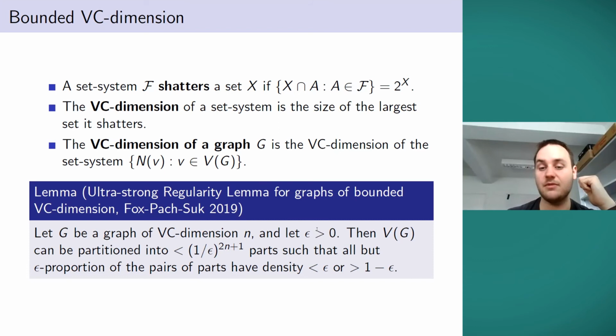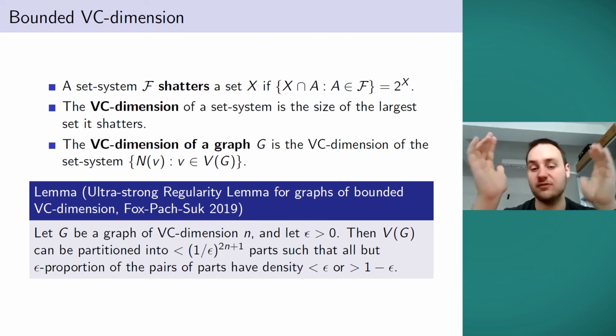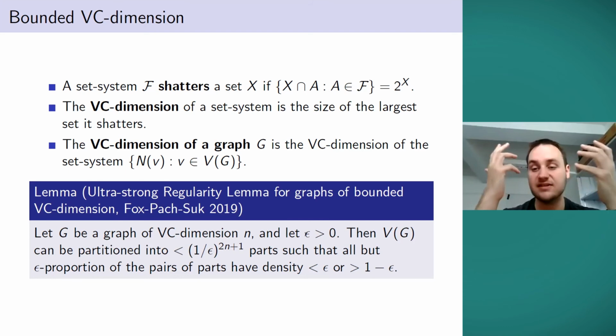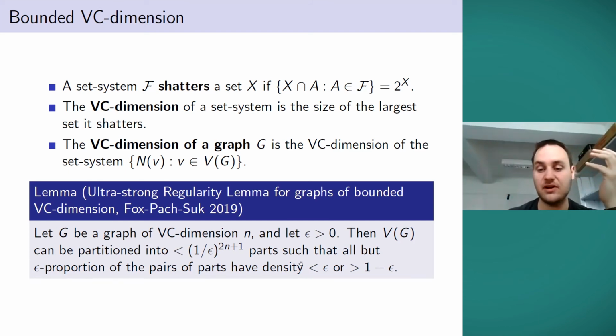If we fix some parameter epsilon, we can partition our graph into a polynomial number of parts in 1 over epsilon, so into 1 over epsilon to the 2 parts, such that not only is the graph between most pairs of parts random-like, it's actually either very close to having density 0 or very close to having density 1. So it has density at most epsilon, or density at least 1 minus epsilon.